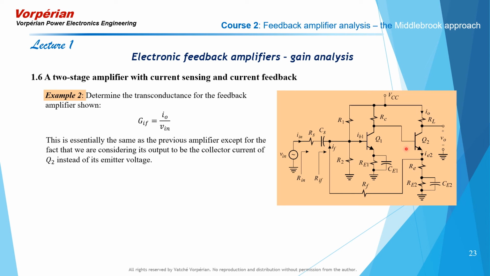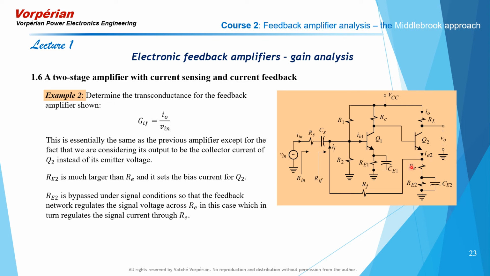This output stage Q2 is now biased by the resistor RE2 at the quiescent current, which is bypassed under signal conditions by CE2. RE, shown here, is a current sense resistor, which is much, much smaller than RE2, as well as much smaller than the resistance looking back into the feedback network RF.